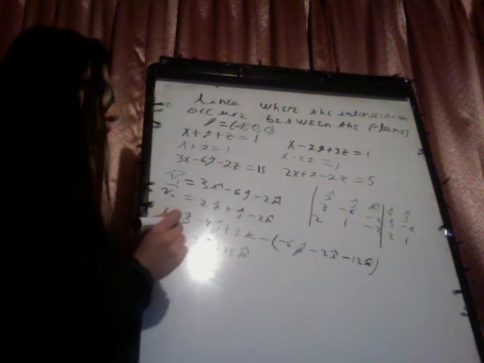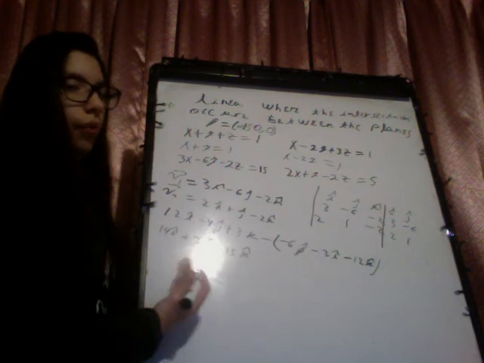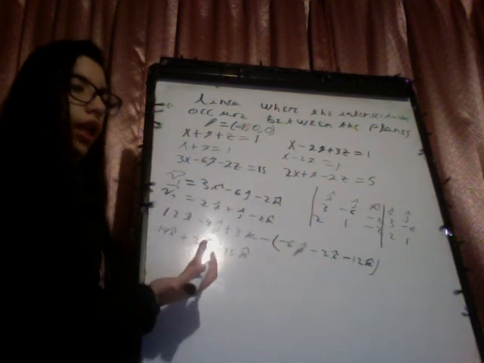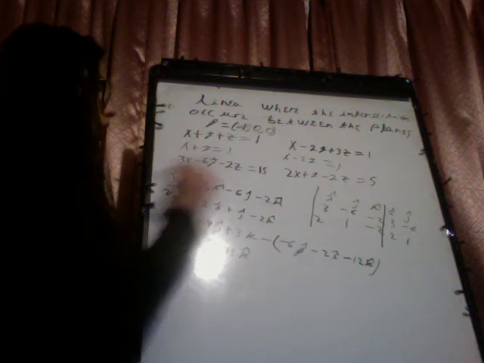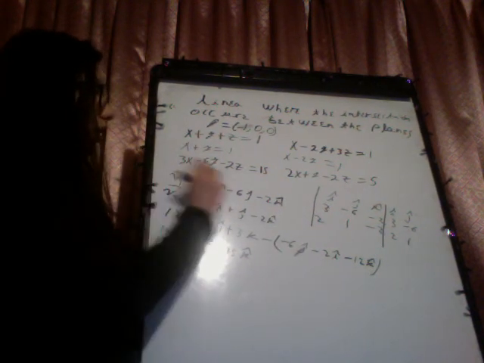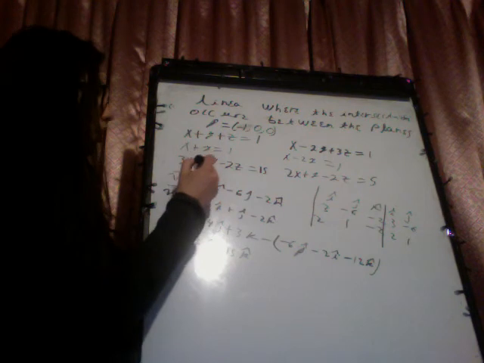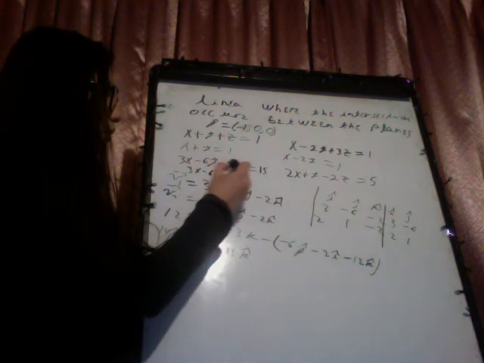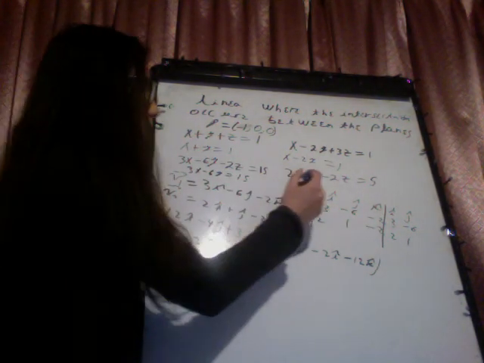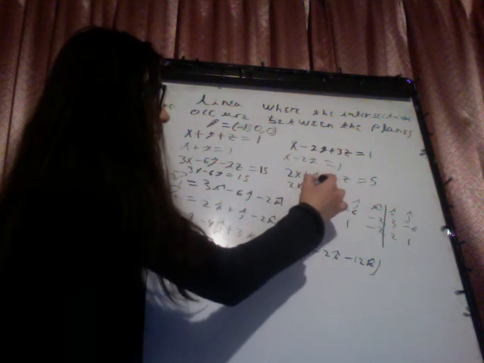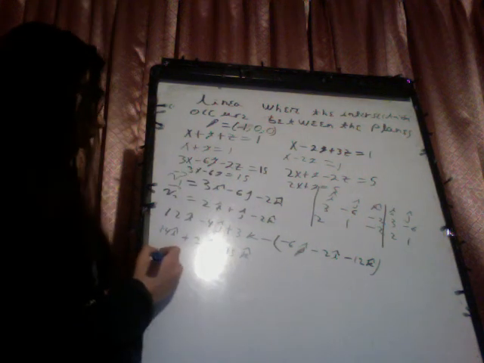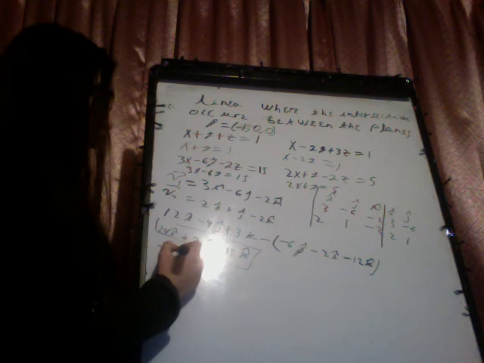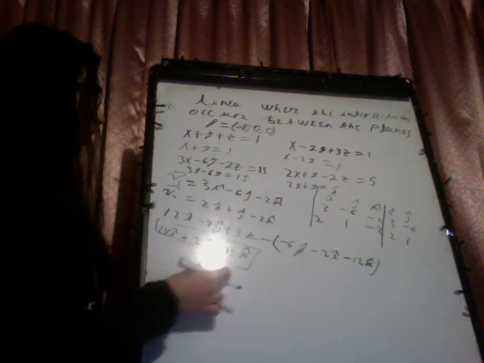So now the point. Let's pick any point that is in the line. For convenience, we say c equals 0. So if c equals 0, this equation would be 3x minus 6y equals 15, and this would be 2x plus y equals 5. So I have 3x, and let's divide everything by 3.